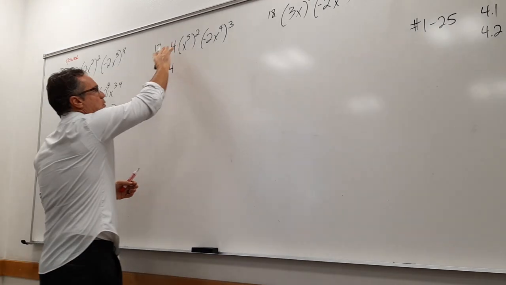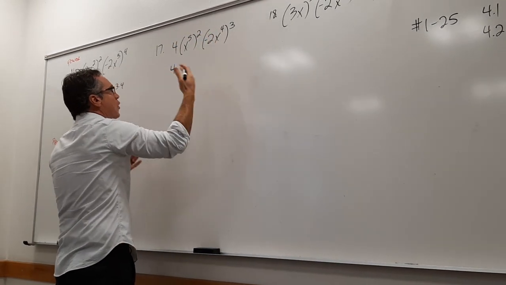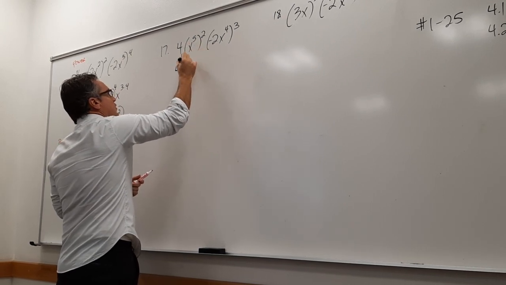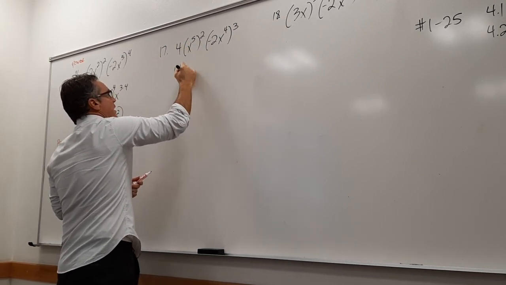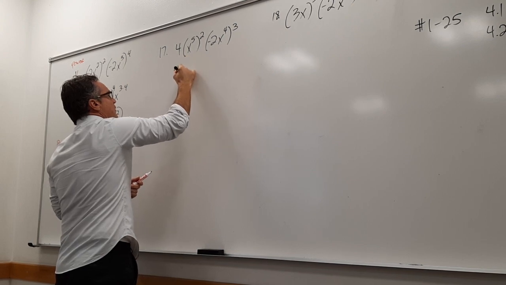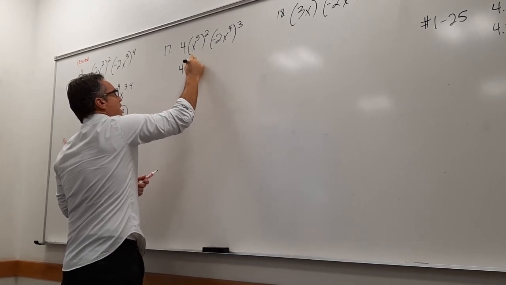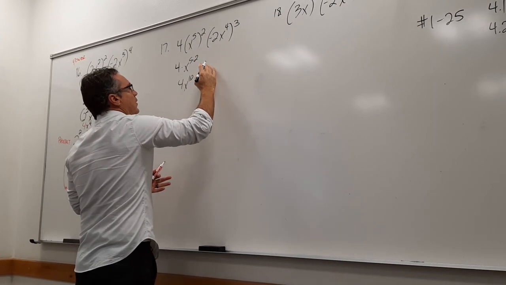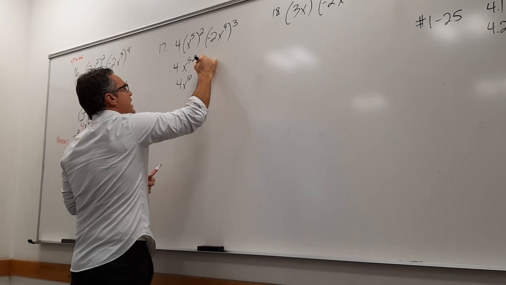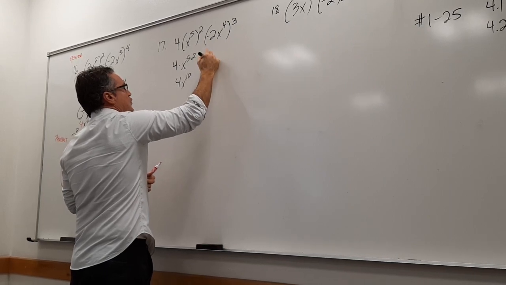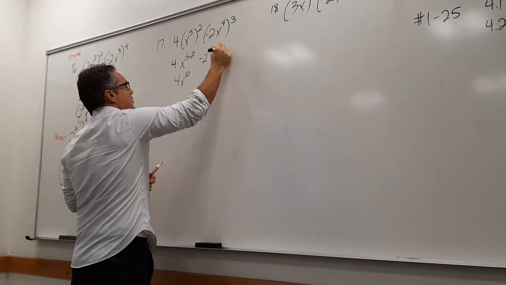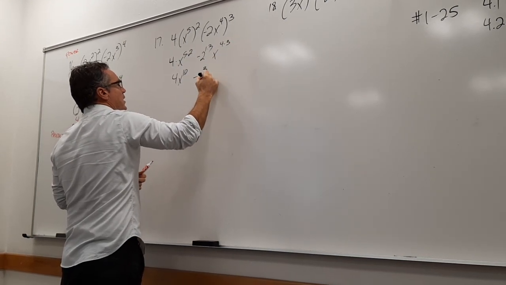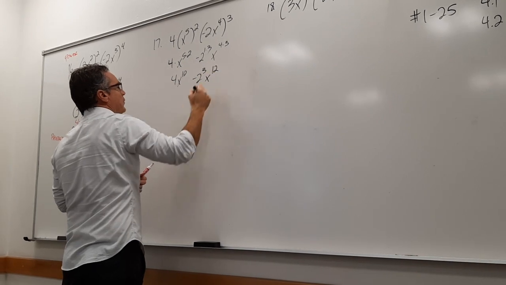But you have a problem like this where you're multiplying a whole bunch of entities, we have to obey the order of operations in the sense that we're going to apply this 2 into this parentheses, x to the 5 times 2, okay, is going to be 4 times x to the 5 times 2, which is 4x to the 10th. And then over here, we're going to plug this in, and we're going to have negative 2 to the 1 times 3, x to the 4 times 3, which is going to make negative 2 to the 3rd and x to the 12th.